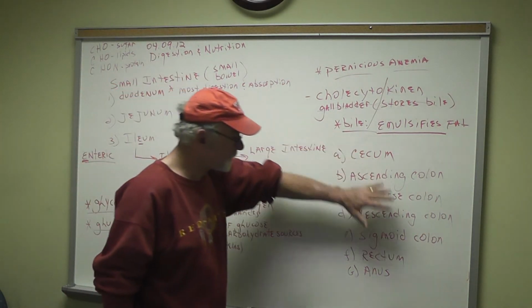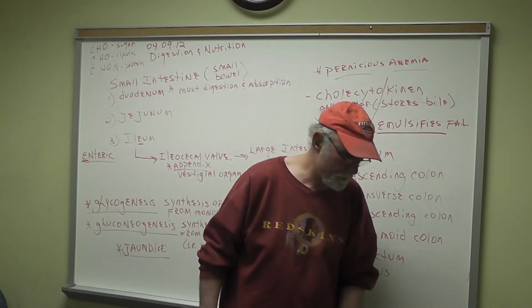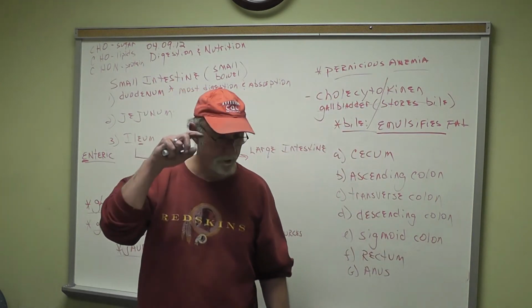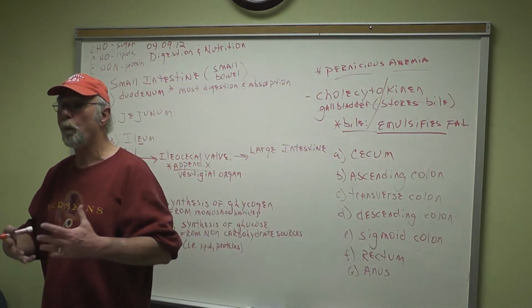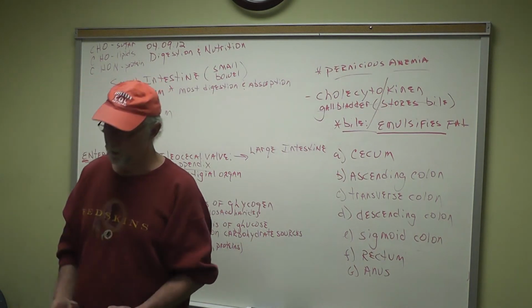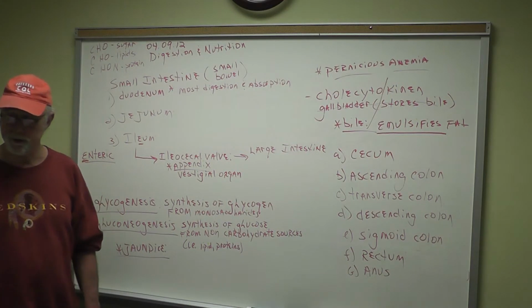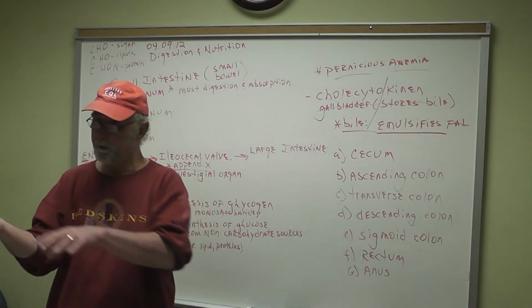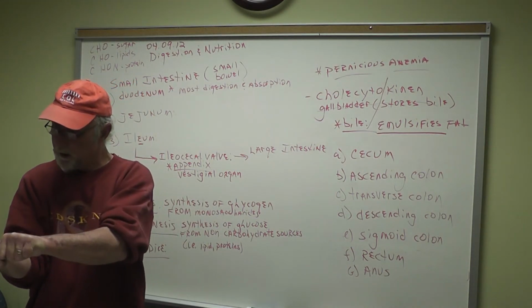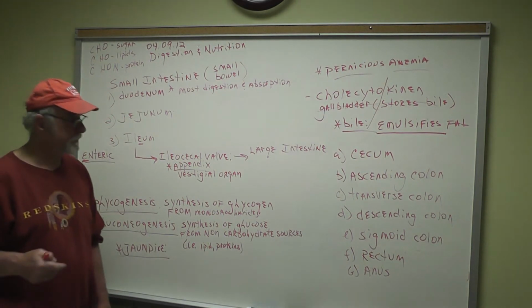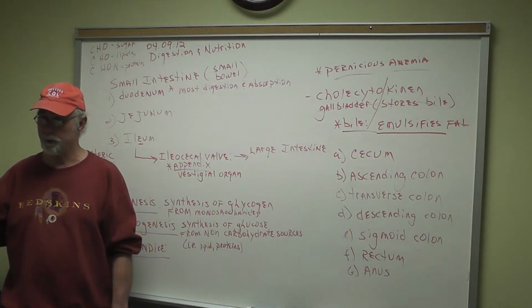The large intestine, the primary function of its divisions is to absorb water, to conserve water. Okay? Not so much that the fecal material becomes hardened and stuck, but enough to maintain homeostasis.